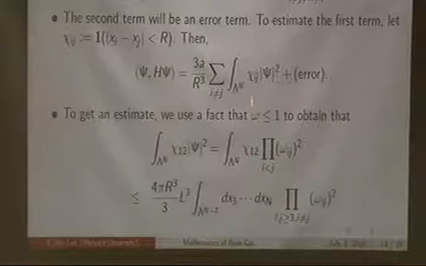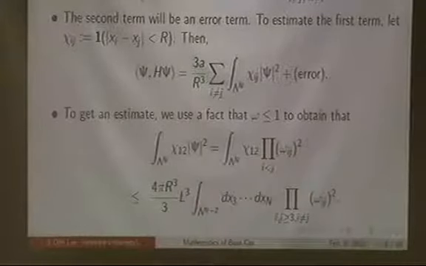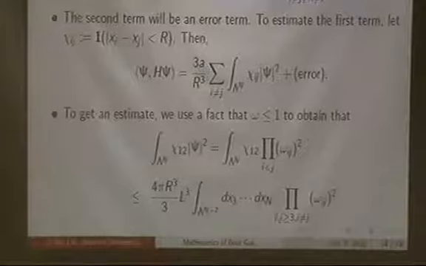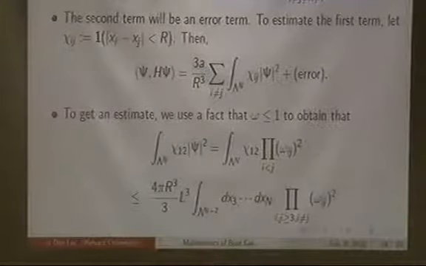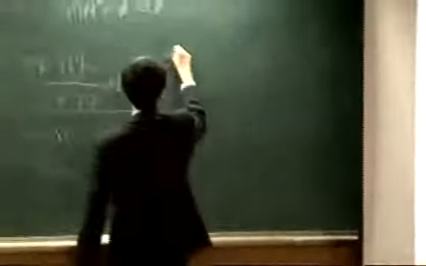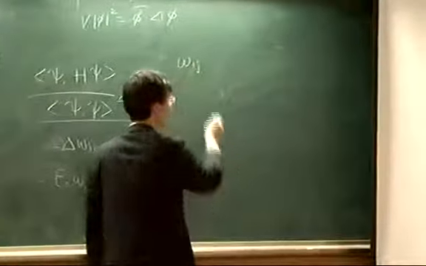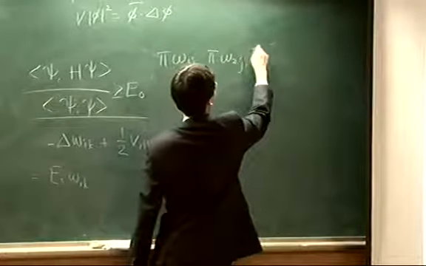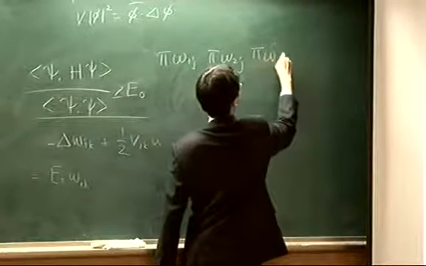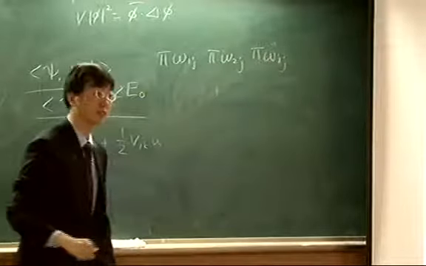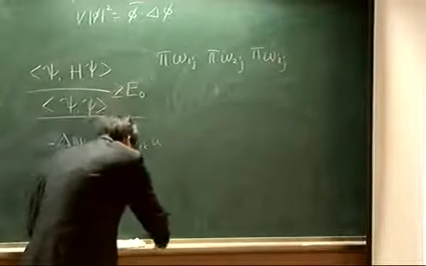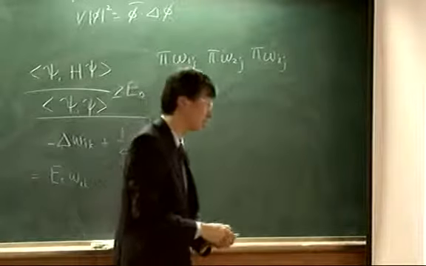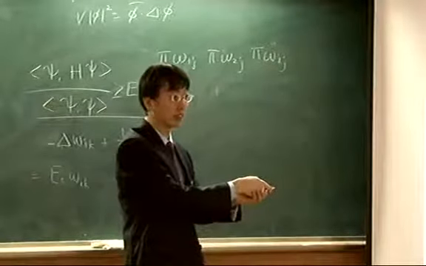Psi was the product of omega ij's, so we have omega 1j's, omega 2j's, and omega ij's. I didn't prove this, but omega is always less than or equal to 1.